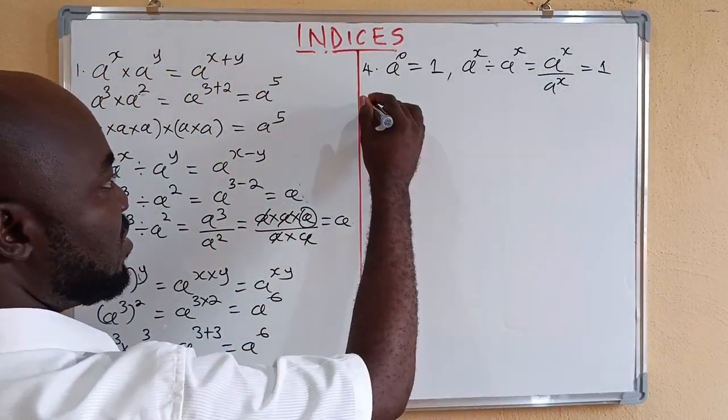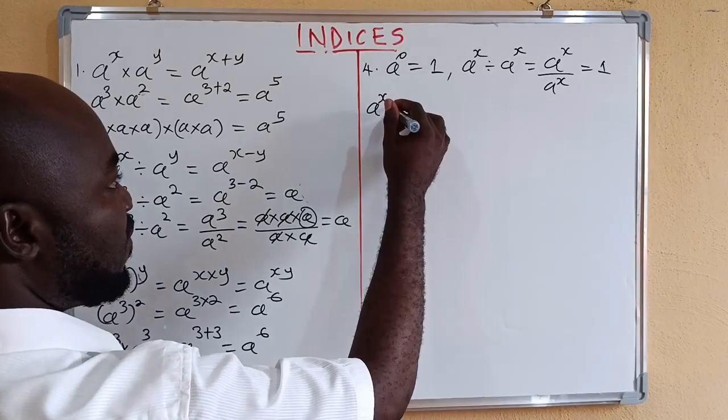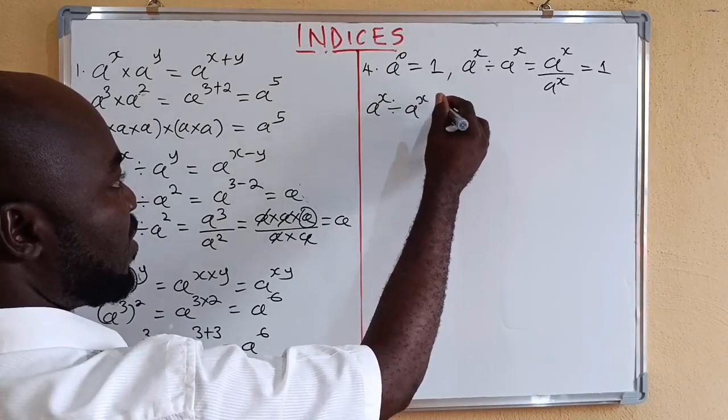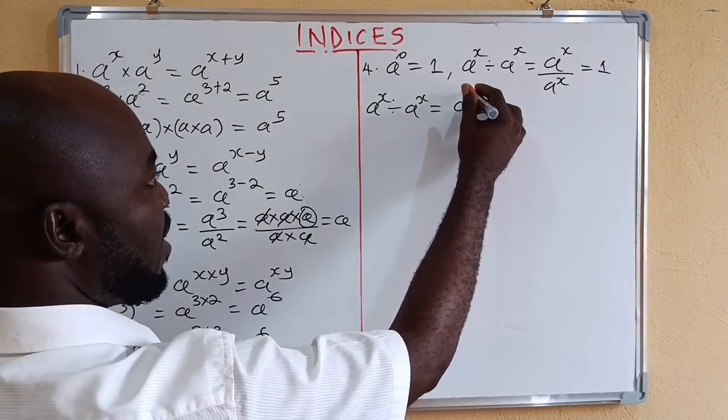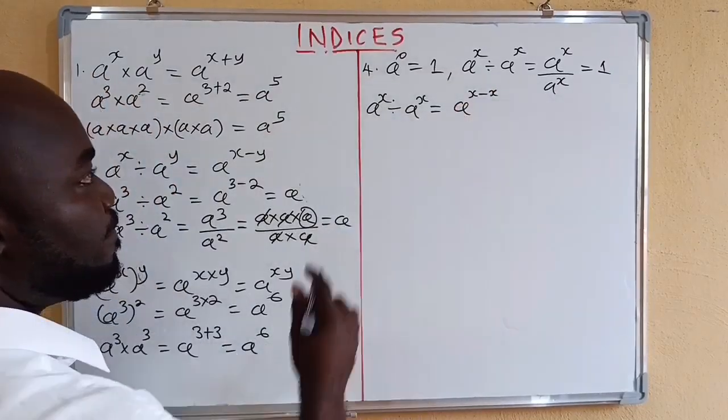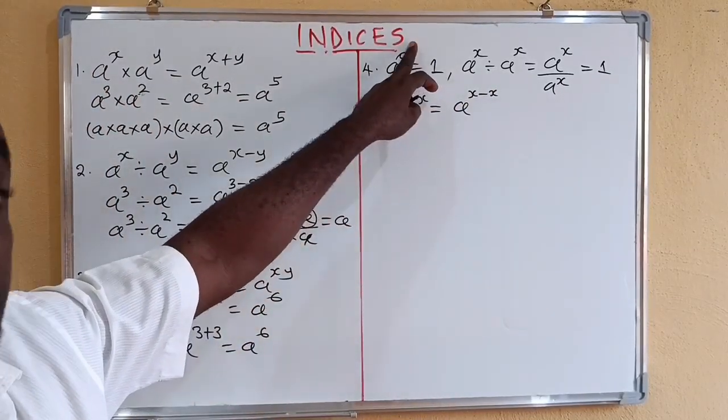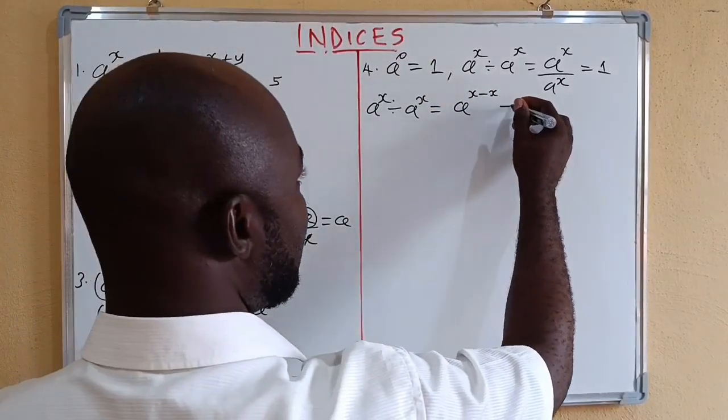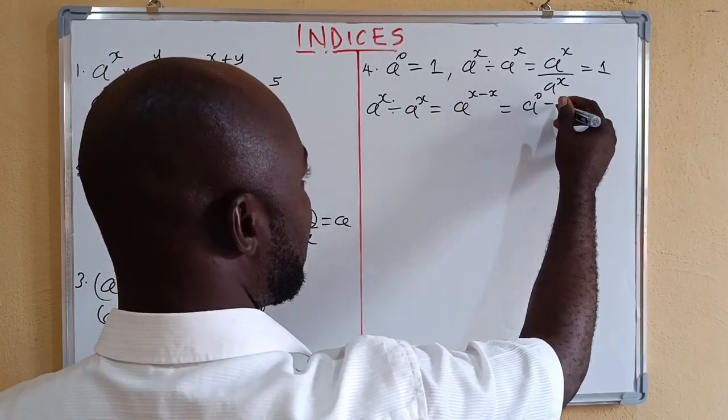Now, if I use indices, since I have a^x divided by a^x, this will simply mean a^(x minus x), and that x minus x is my 0, which means this is equal to a^0, which is 1.